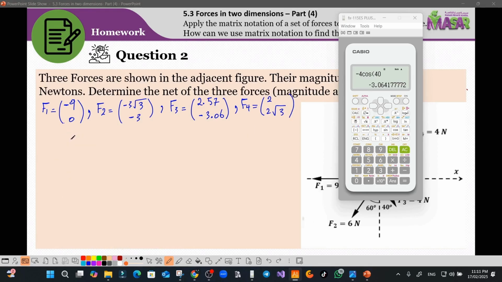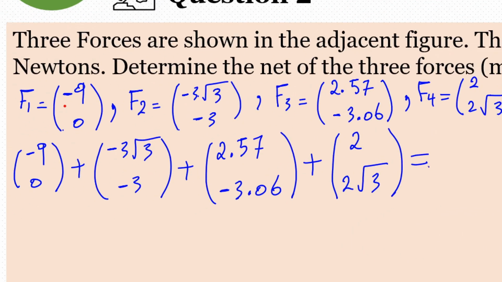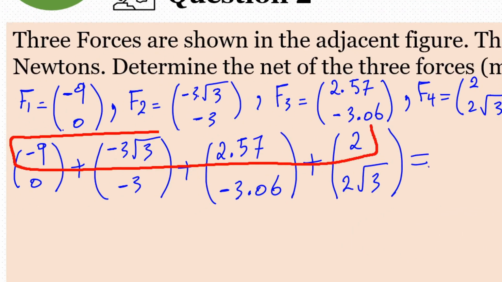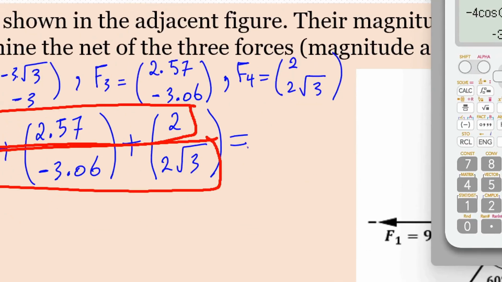Now we need to find the net force, which means we're going to combine everything together. Remember that all the entries in the first row should be combined together with the corresponding signs, as well as for the second row, we combine all the entries together.